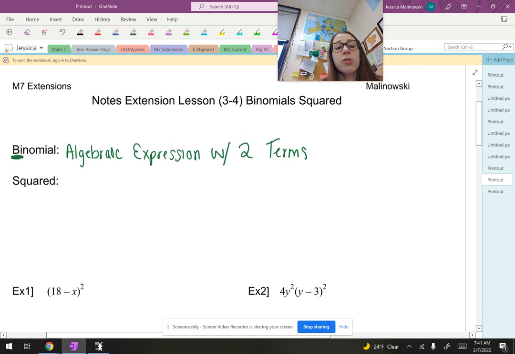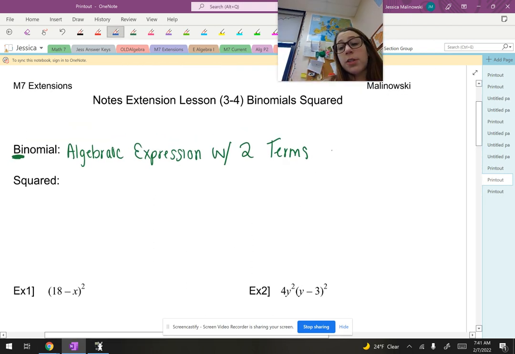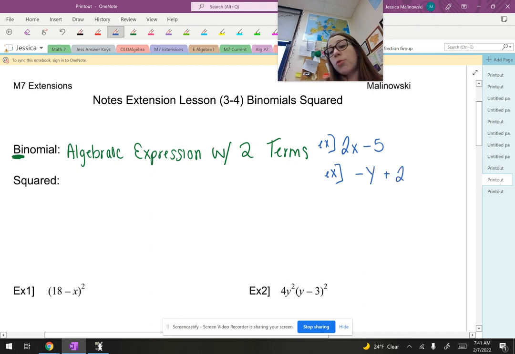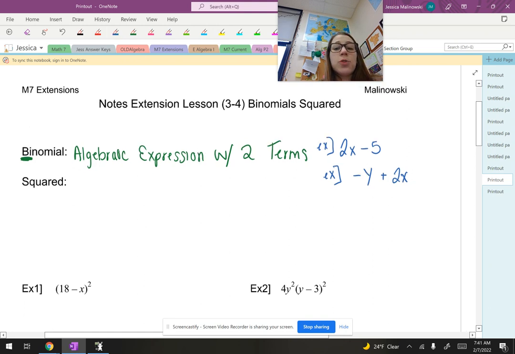So an algebraic expression that has two terms. For example, remember that your terms are separated by addition or subtraction. So it could be something like 2x minus 5 or negative y plus 2x. I don't know. Two terms, two pieces.